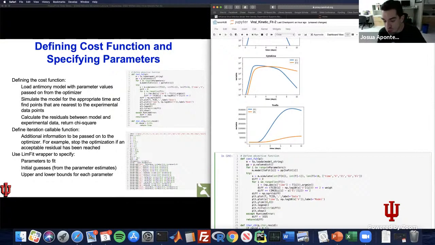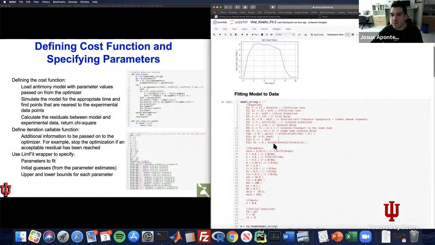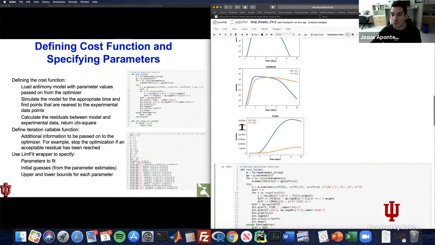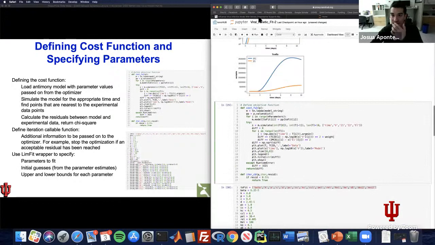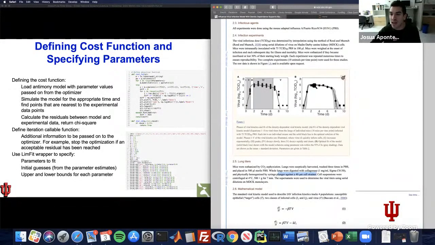You also have the chance, and we'll see this, we can play with this a little bit later, to weigh the points differently. With this equation, we're weighting every point in our data set equally. We're treating every point as equally important. But you might want to say, okay, these last 2 points are not as important as the first few points, so I can assign a different weight to my data points.